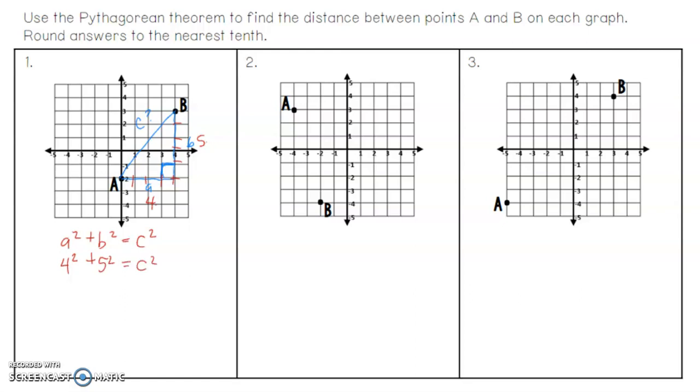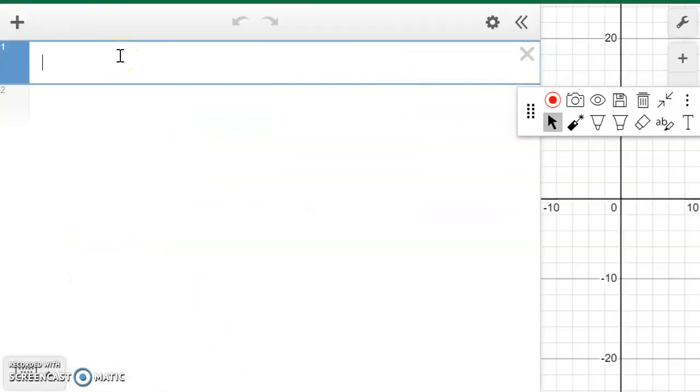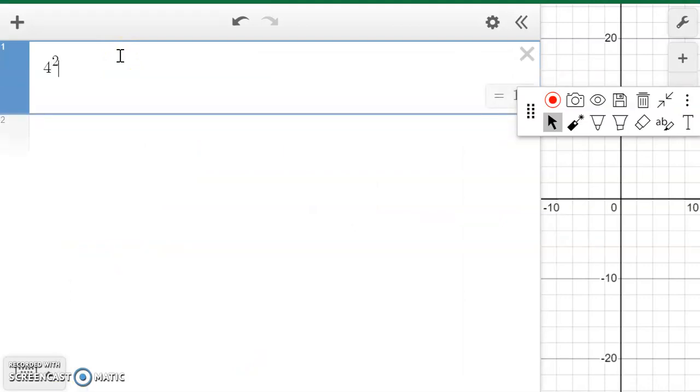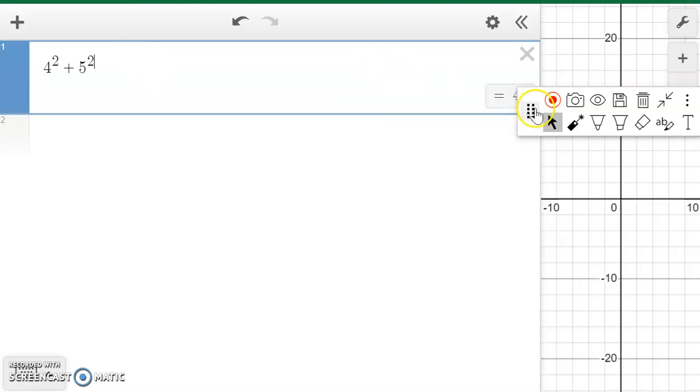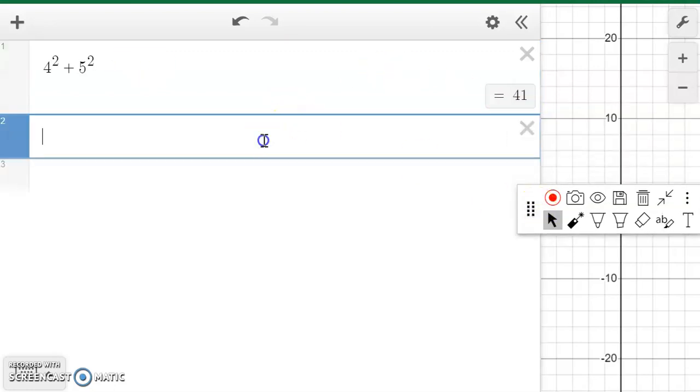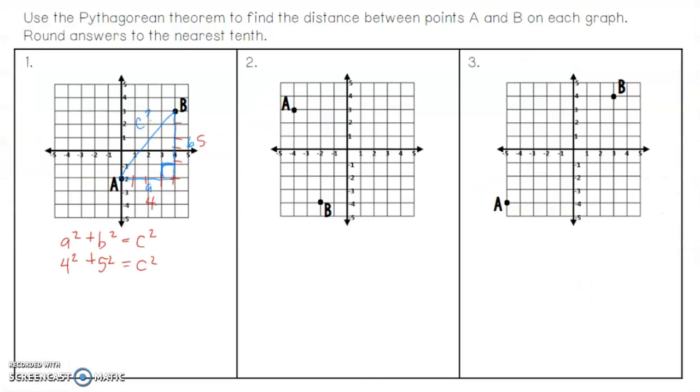Okay, so then I just simplify that. I should know this, it's 16 plus 25, but just to show you in the calculator, right, do 4 squared plus 5 squared, that's going to be 41. Okay, so I'm at 41 equals C squared.